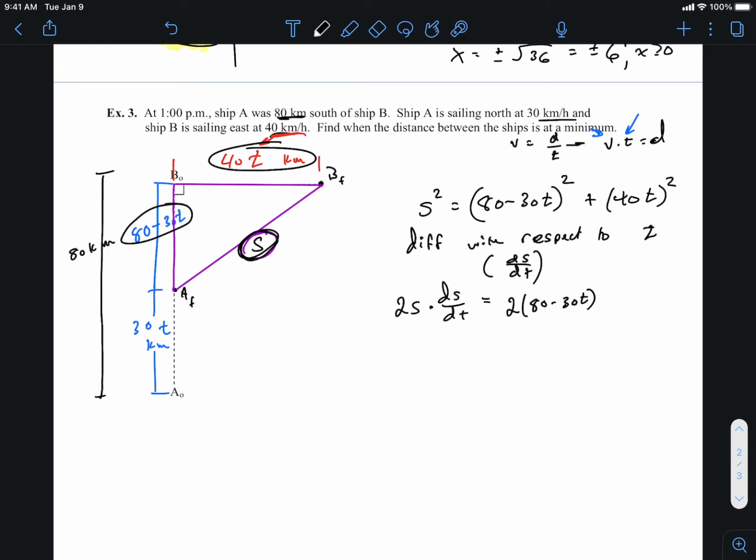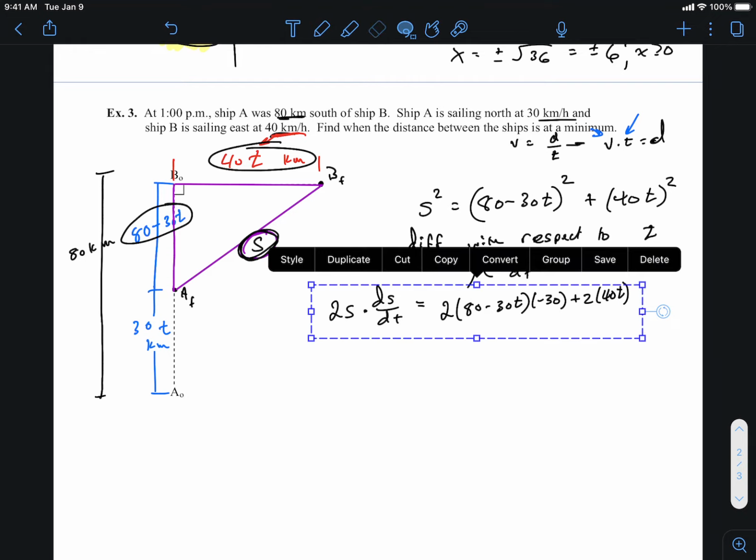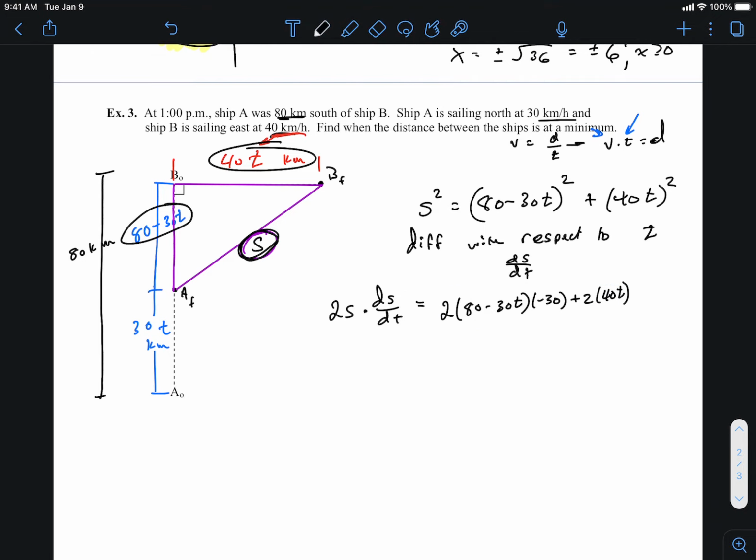But then I have to derive the inside, which is going to be minus 30. And then I have to add 2 times 40t, and then derive the inside, which is times 40. There's your chain rule.